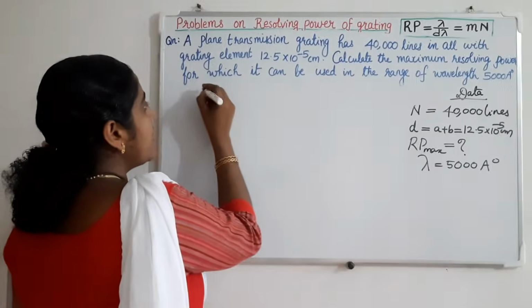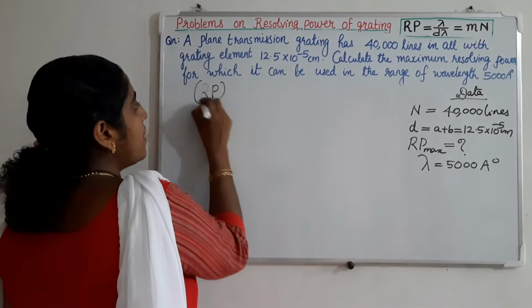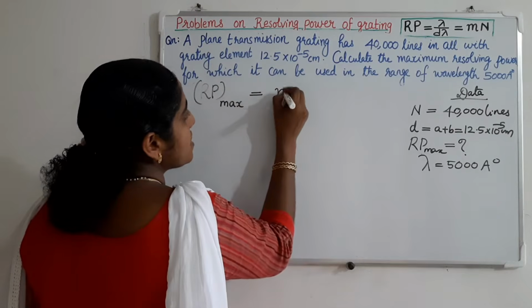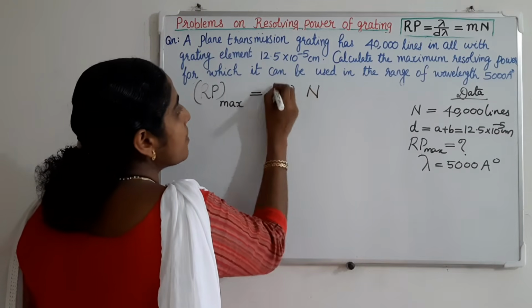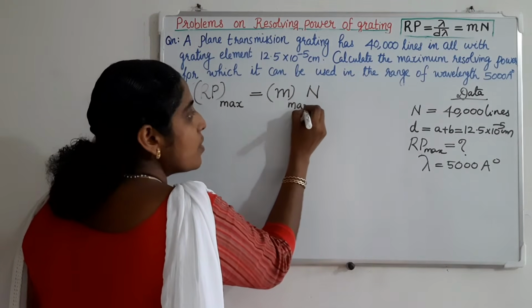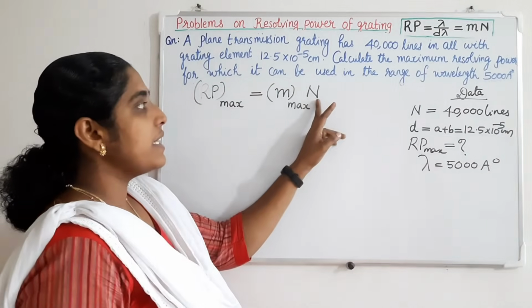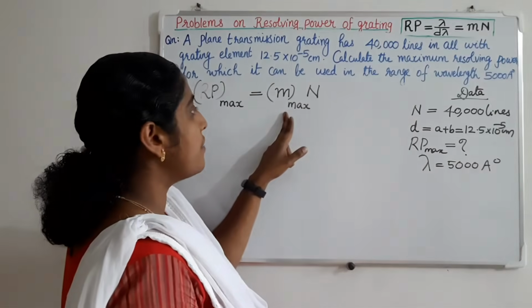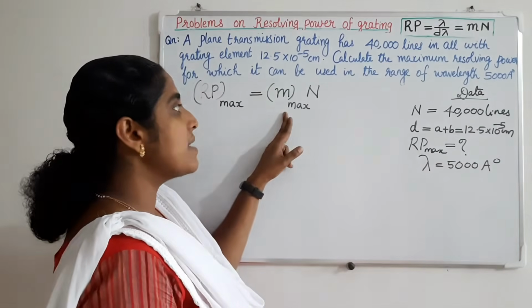So here we want to find out the maximum resolving power. So maximum resolving power we can find out from the expression mN. For the resolving power to be maximum, m also must be maximum. Here N is the total number of lines on the grating that is given. So first we have to find out the maximum order.